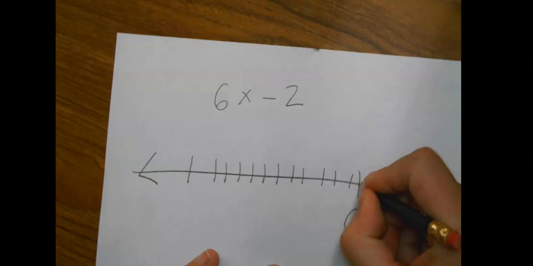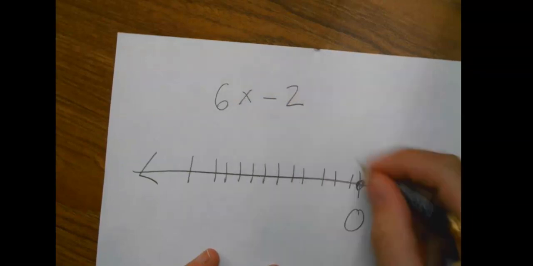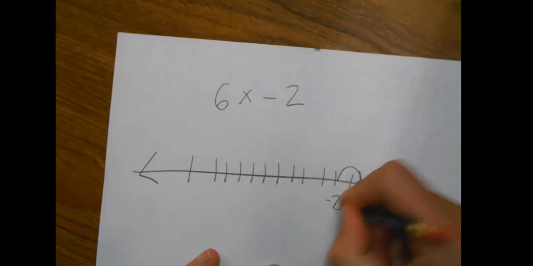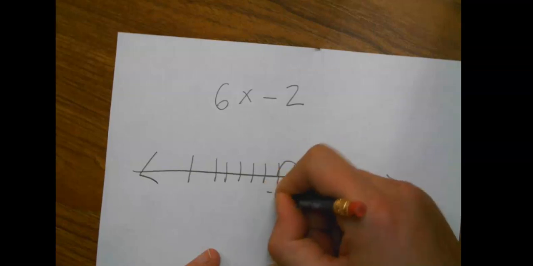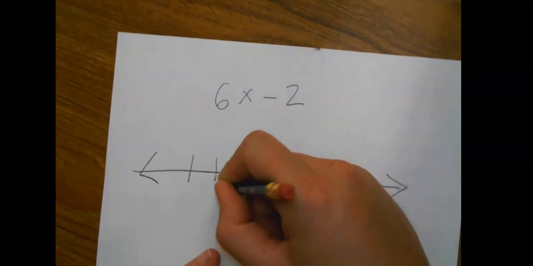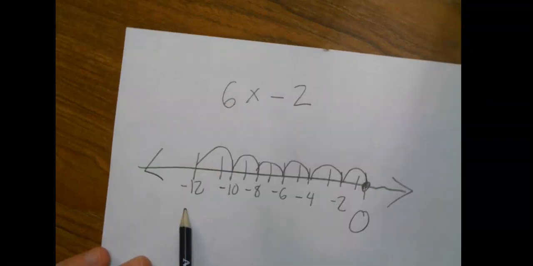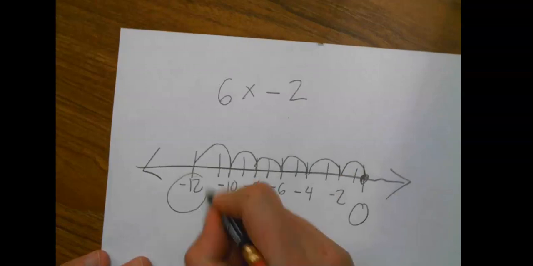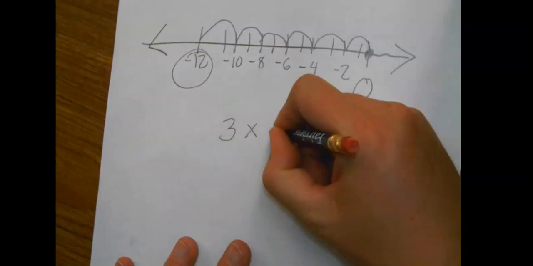And I say, hey, look, I'm starting at 0, and I'm making 6 jumps of -2 each. 1 jump puts me at -2, -4, 2 jumps, 3 jumps, 4 jumps, 5 jumps, 6 jumps of -2 each puts me at -12. That's my answer.